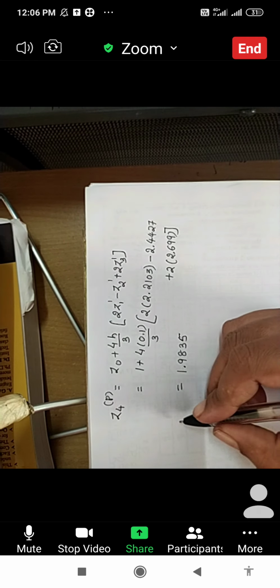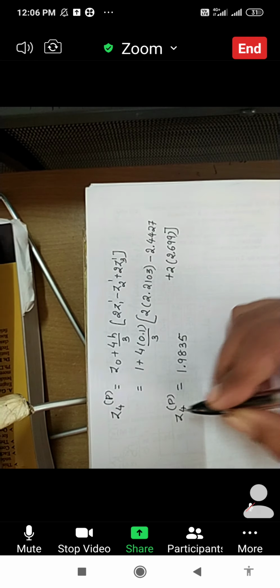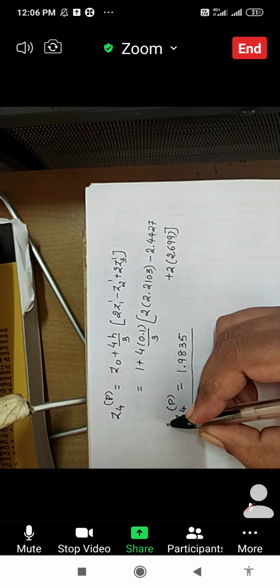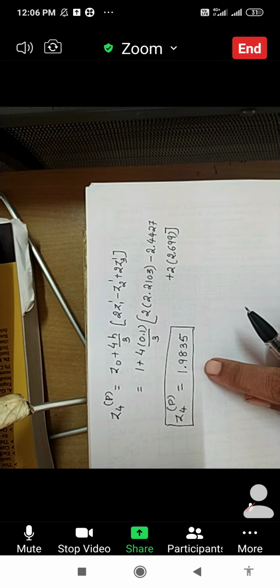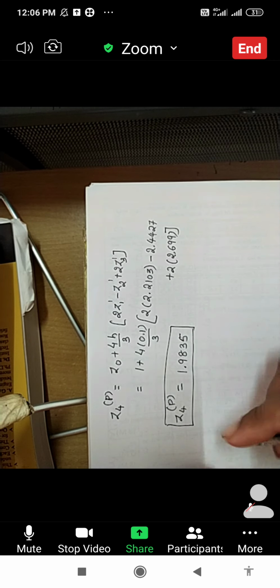Okay, this is the predicted value. Keep in mind what predicted value you got. The corrected value will be nearer to those, but don't get confused. Y4 predicted value is different and Z4 predicted value is different. You need to compare with the corresponding y's and z's.